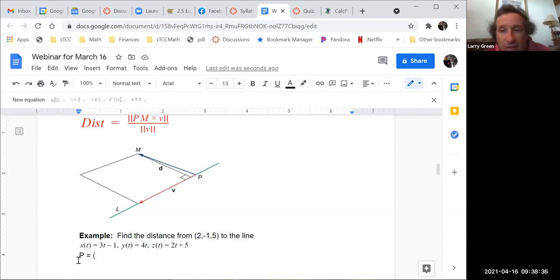Yeah, (-1, 0, 5). That's just when t equals 0. I was hoping everyone would have the same thing. We have M, by the way, is (2, -1, 5). That's given. What's V? What's a vector parallel to the line? That's also really easy if you understand it.